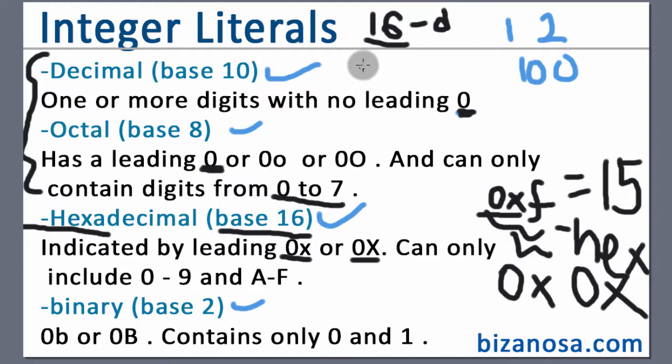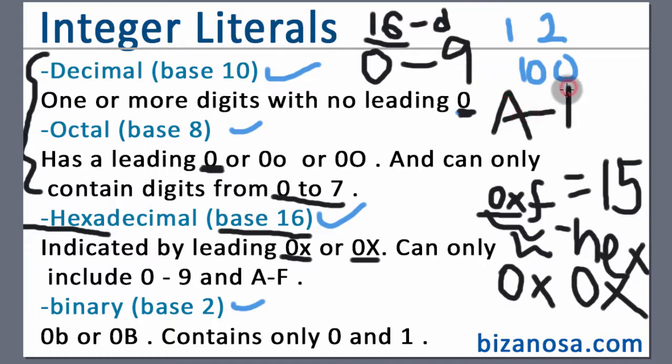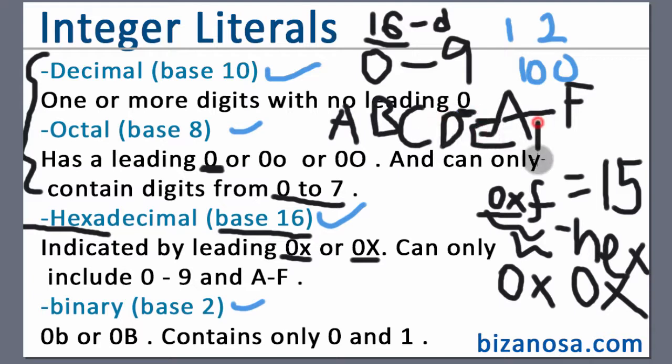So if a number is hexadecimal, it can include 0 to 9, and the numbers greater than 9, from 10 up to 15, will be represented by A until F. So 10 is A, 11 is B, 12 is C, 13 is D, 14 is E, and 15 finally is F.